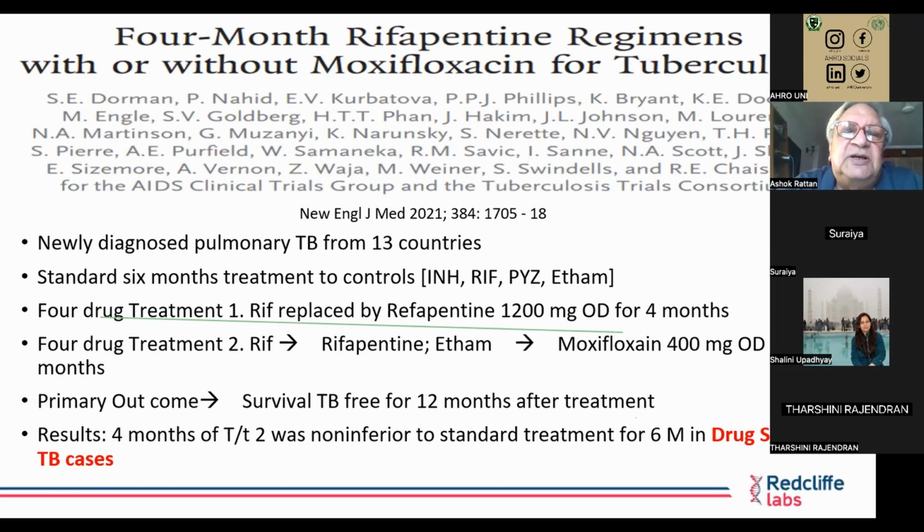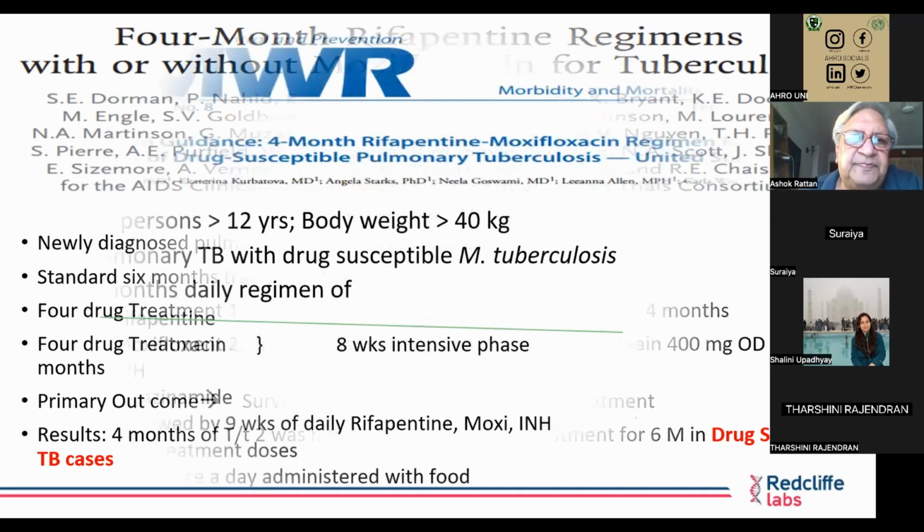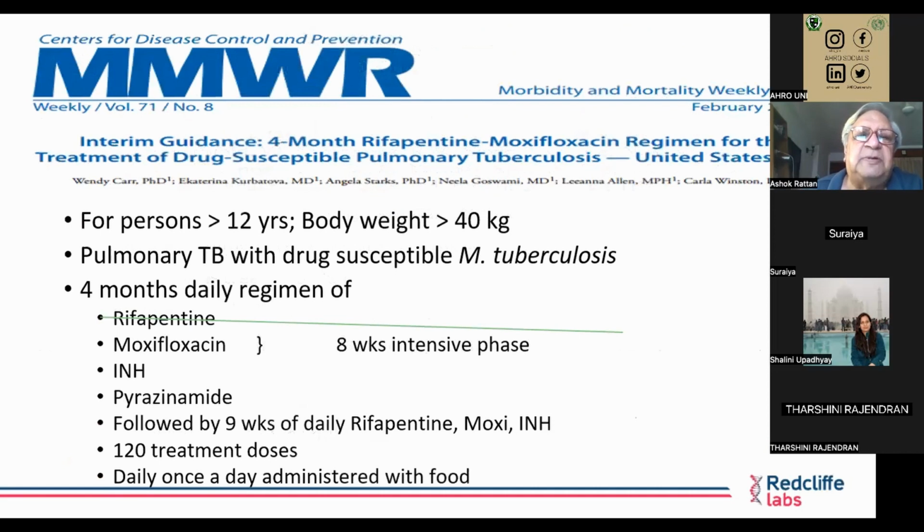A new attempt was made to shorten this from 6 months to 4 months, and the results indicated that it was equally effective in drug-sensitive tuberculosis. This was also published in MMWR and has recently been adopted by WHO for drug-sensitive tuberculosis in persons over 12 years of age.